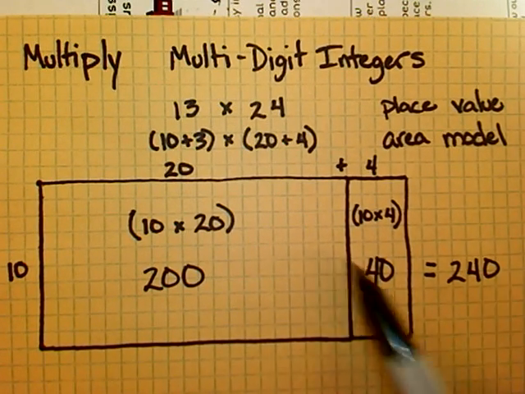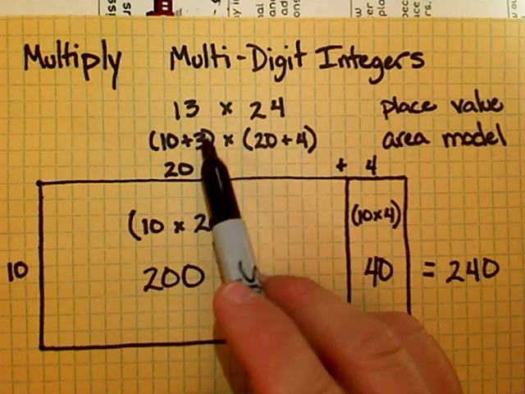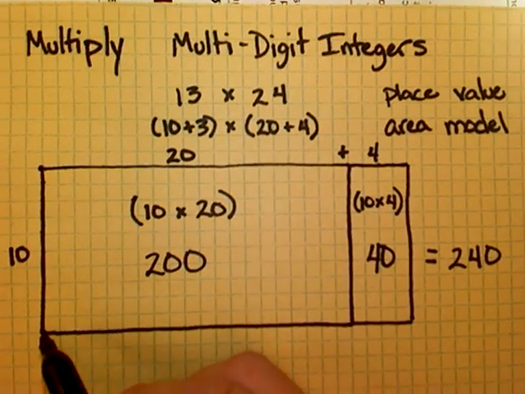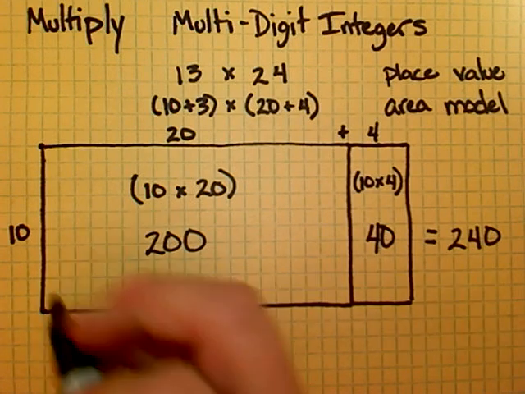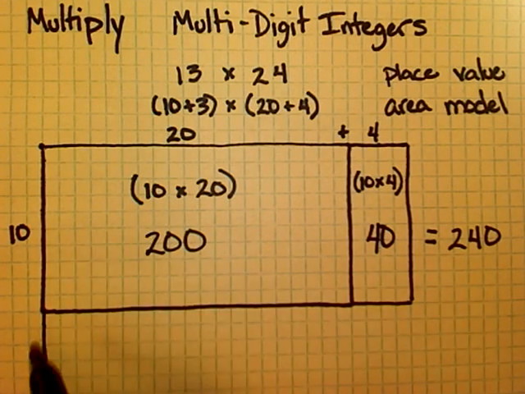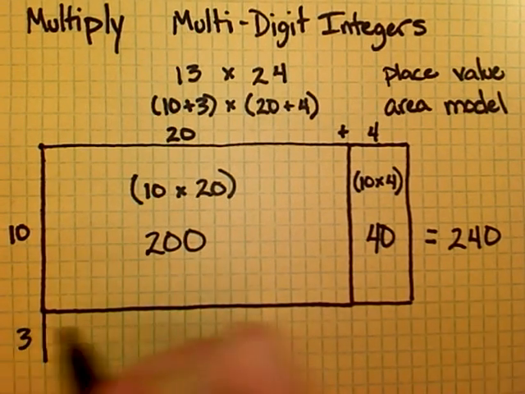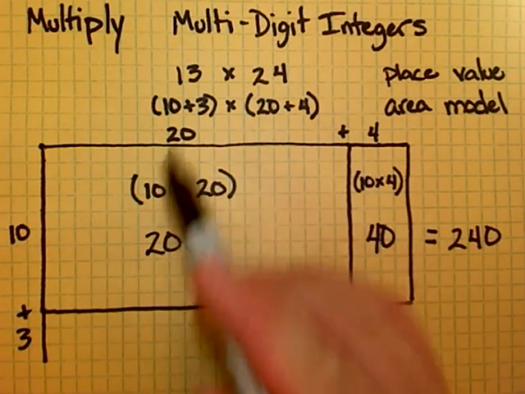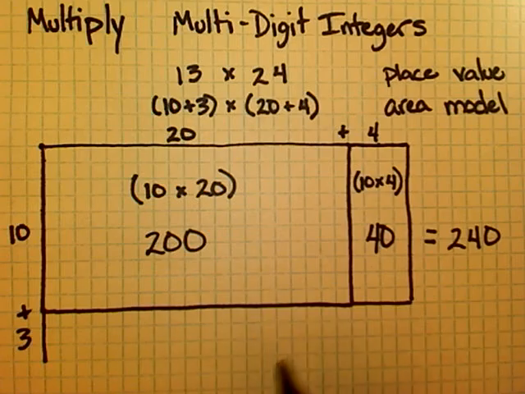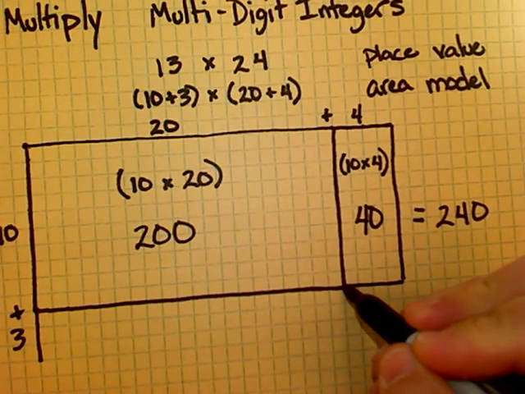What I now need to do is do my 3. So I'm going to come down here, and I'm going to go 1, 2, 3, and I'm going to draw a line that's just 3 spaces down. Notice that if I add my 10 and my 3 together, I get 13. Okay? 1, 2, 3.